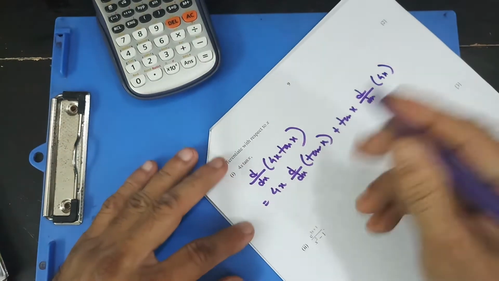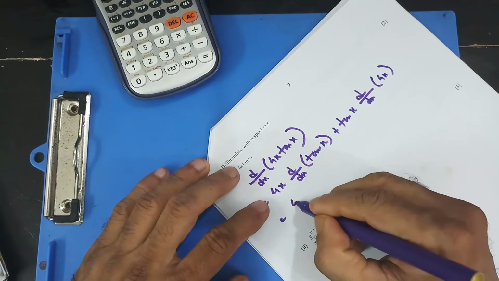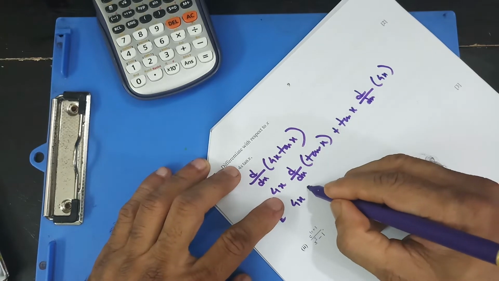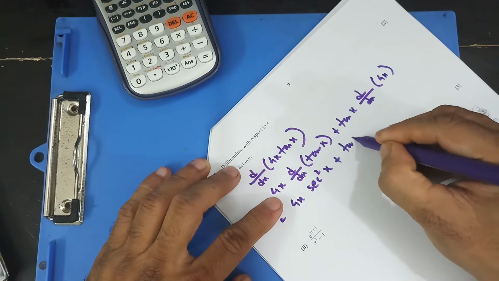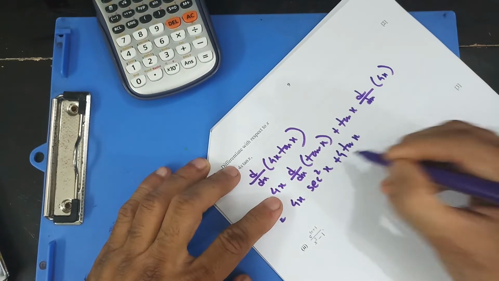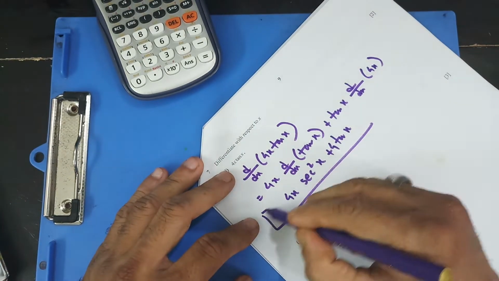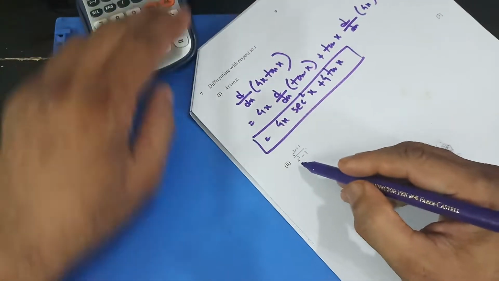You could do it directly, and I usually do it directly. Differentiating 4x and tan x gives sec squared x, plus here tan x, and this is going to be 4, so I can write down 4 over here. So that's done.